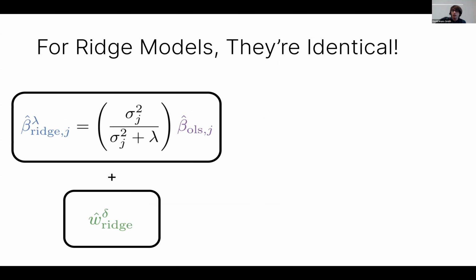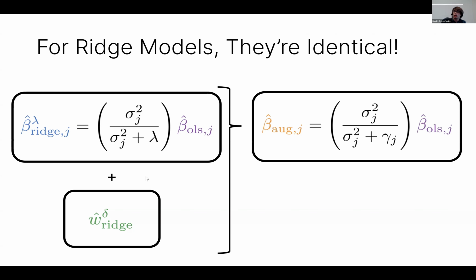It turns out that when you do everything in an L2 penalized model, these viewpoints are identical. So ridge regression, a common way of writing it is to take the beta OLS coefficients and you're doing some type of shrinkage that's targeting the inverse covariance matrix in a particular way. If you debias that with weights that also use an L2 norm penalty, we get beta aug that has exactly the same form as ridge.